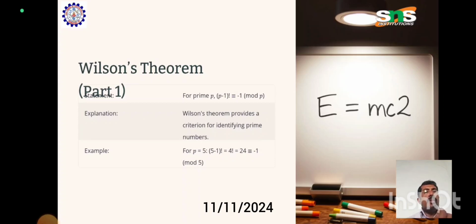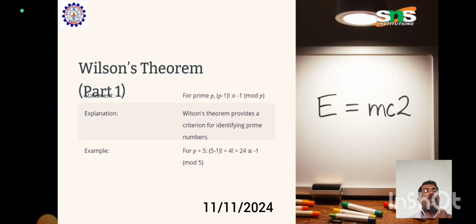If there is a prime number and you want to find the congruence with a relatively prime structure, then you can work with this idea: p minus 1 factorial is congruent to minus 1 mod p. Wilson's theorem provides a criterion for understanding prime numbers.